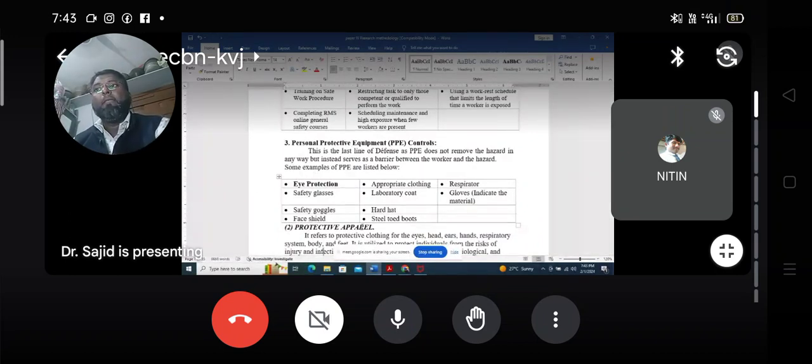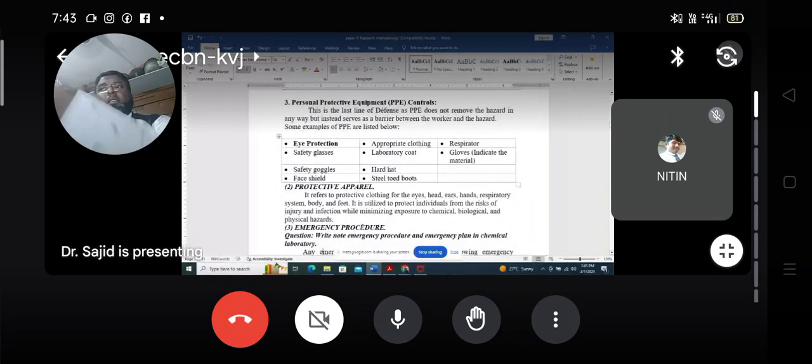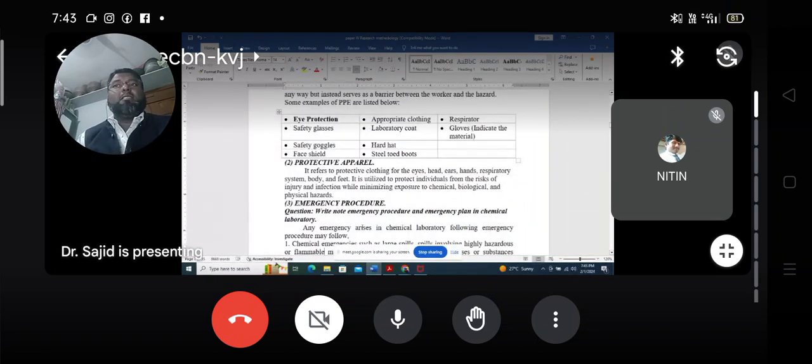Then protective apparel, that particular point is there in your syllabus. It refers to protective clothing for the eyes, hair, ears, hands, respiratory system, body, and feet. It is utilized to protect individuals from the risk of injury and infection while minimizing exposure to chemical, biological, and physical hazards. These are the safety rules, or safety procedures, that one has to adopt while working in the laboratory. Have you got this point?